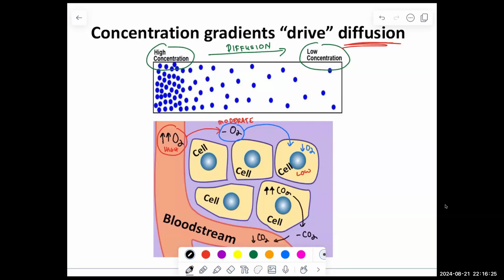So it's going to move into the blood so you can breathe it out of your system. So the movement of oxygen and carbon dioxide depends on diffusion, moving from where the concentration is highest to the lower concentrated areas. Diffusion, folks.